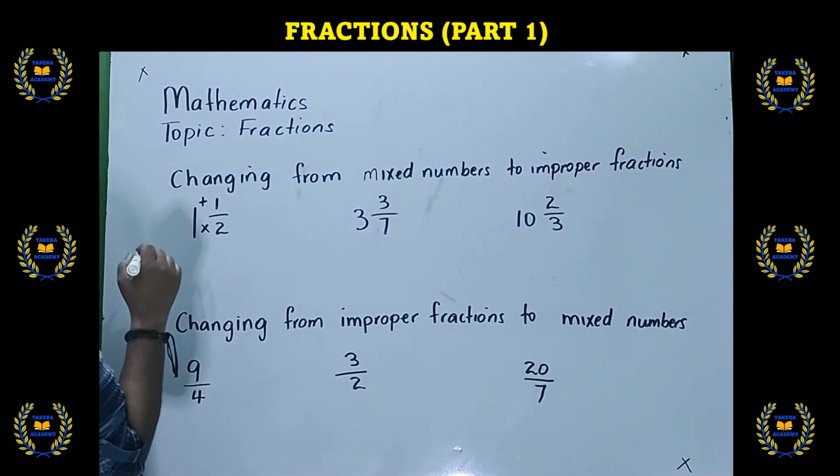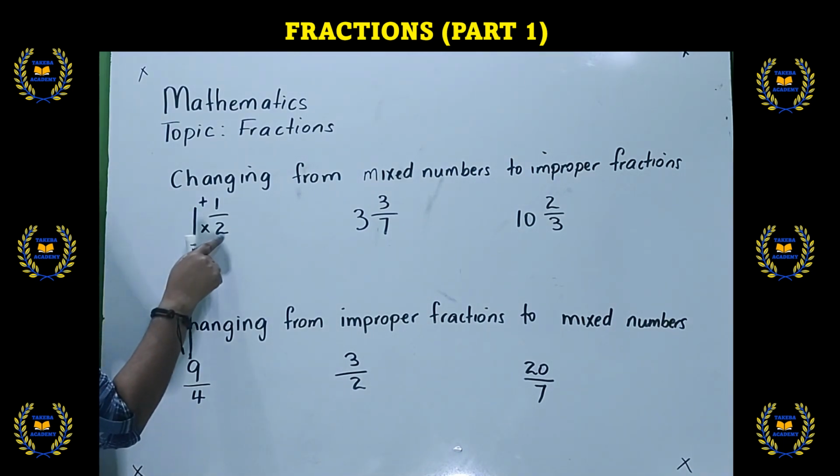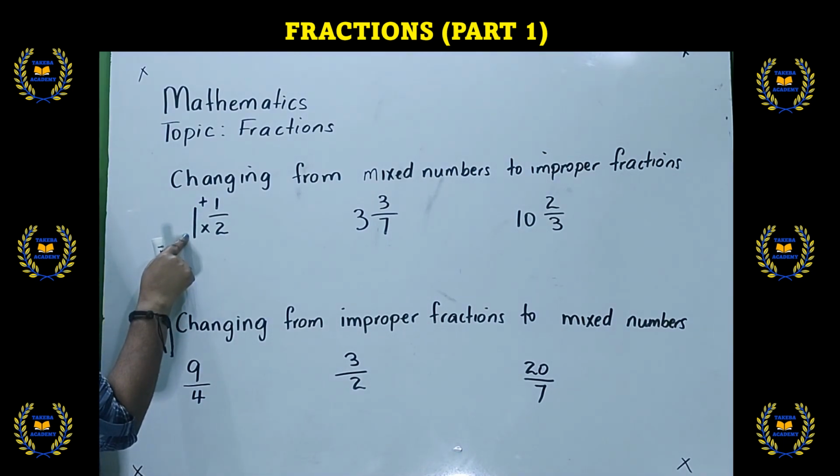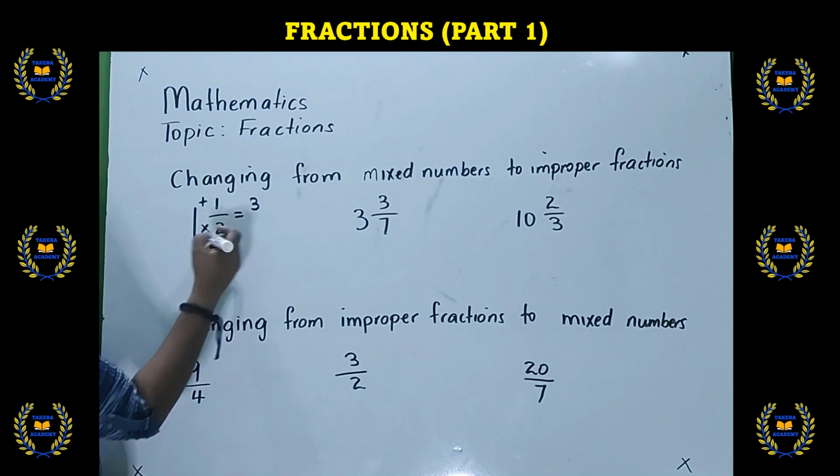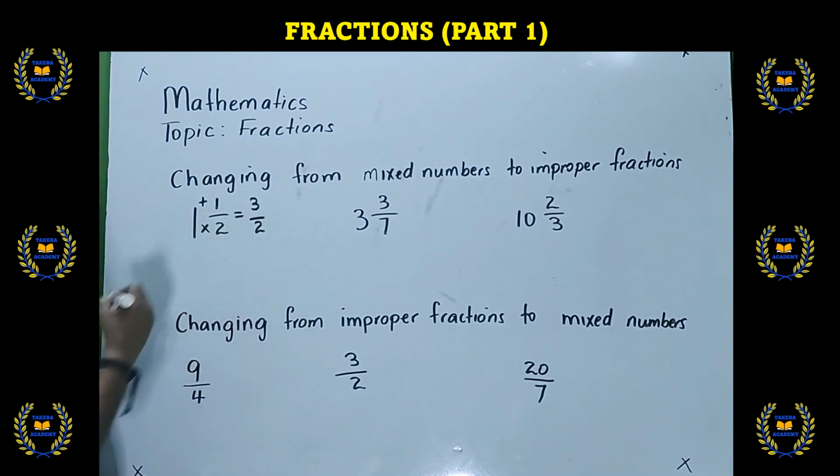Okay, and let's see what we're going to do with the result. So let's start. 2 times 1 is 2. 2 plus 1 is 3. So the result, we place it over the denominator. So our answer would be 3 over 2.